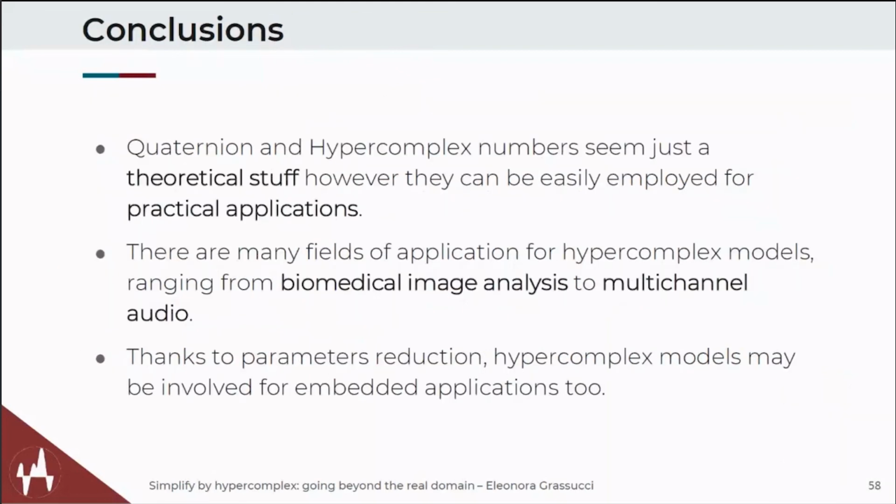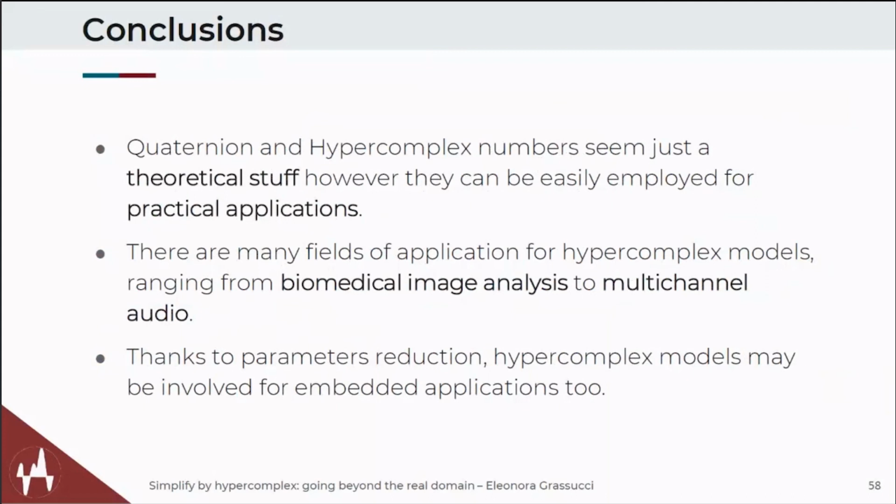So I want to conclude by saying that Quaternion and hypercomplex numbers seem just theoretical, mathematical stuff, far away from what we love, audio, deep learning, and other approaches like that.